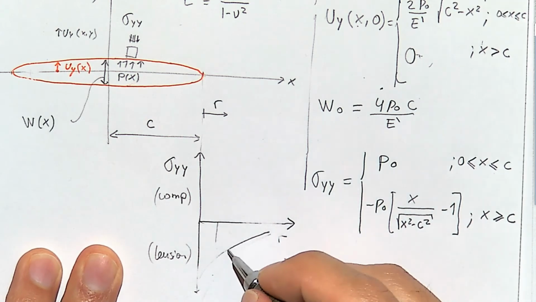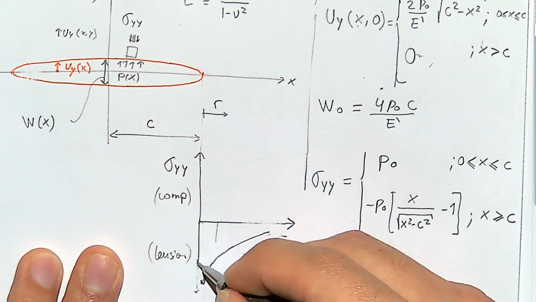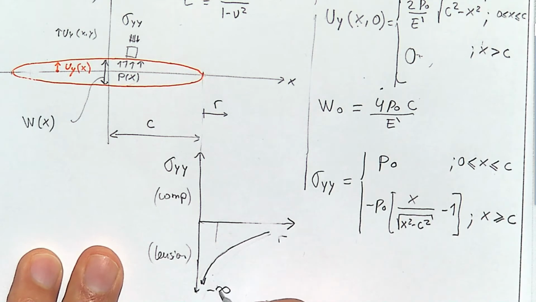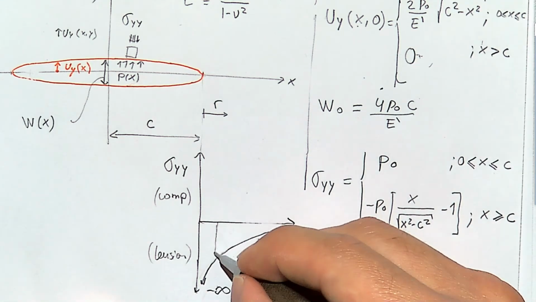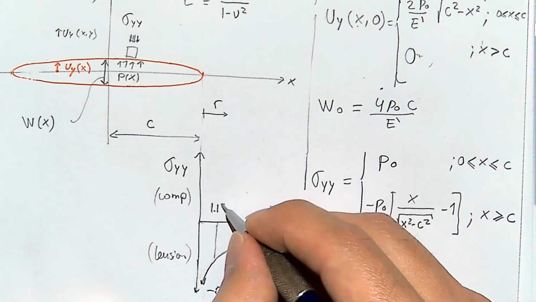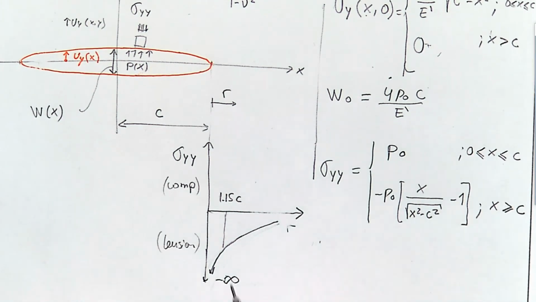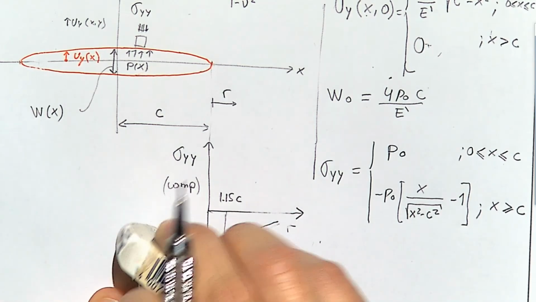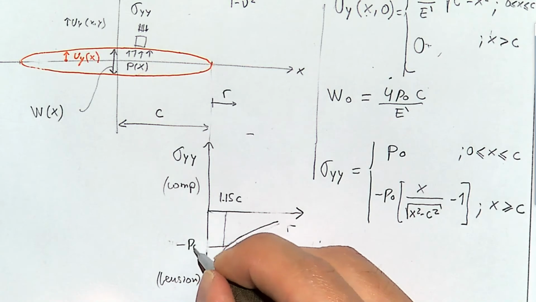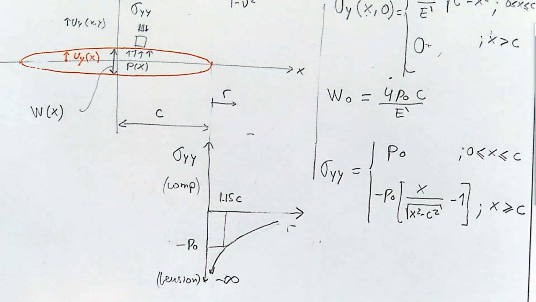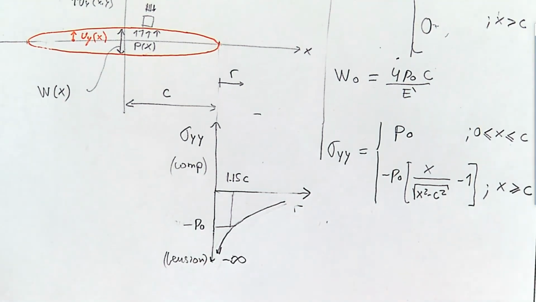Again, this one tends to negative infinity, but at a distance equal to 1.15 c, so 15% of the fracture half length, we're going to get the value of the net pressure. So at this point, it's going to be negative the net pressure. And as you get closer, it's going to get more and more negative.